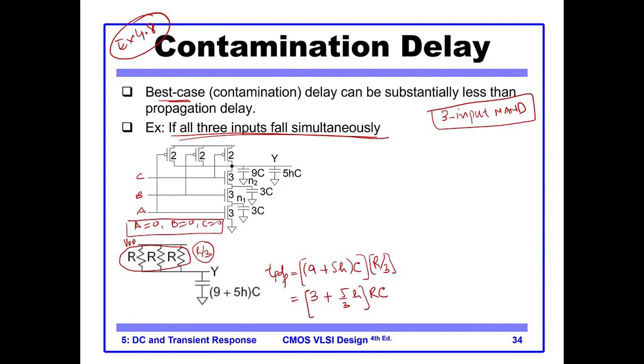Okay, so this is our entire propagation delay for the fall. I can write it here. So it is (3 + 5/3 H) into RC. Let me remove it from here.